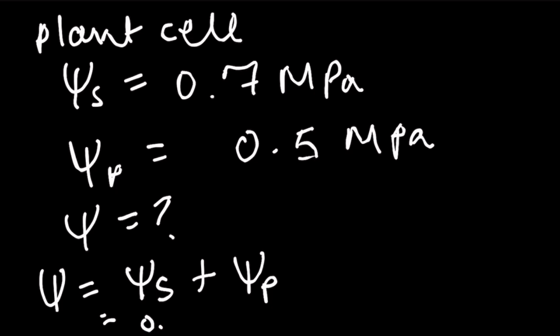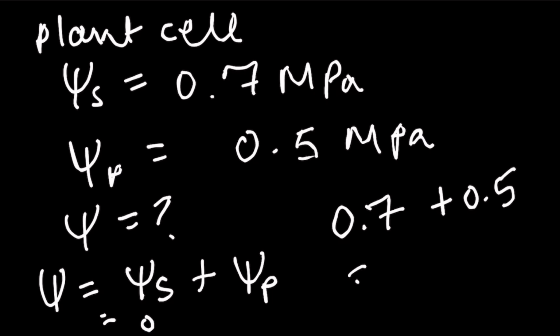I'm just going to write it over here. So the solute potential, oops, I feel like my pen has died. Anyway, so the solute potential is 0.7 and the pressure potential is 0.5. We're just going to add that, and this was actually negative because I told you before that the solute potential will be negative and the pressure potential will be positive.